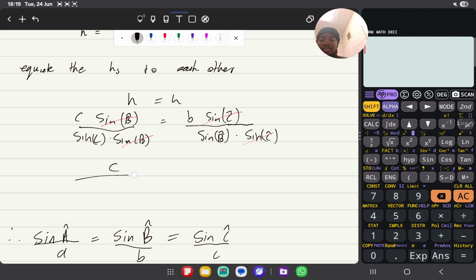So now you have C over sine C equals B over sine B. Basically, this is the sine rule.